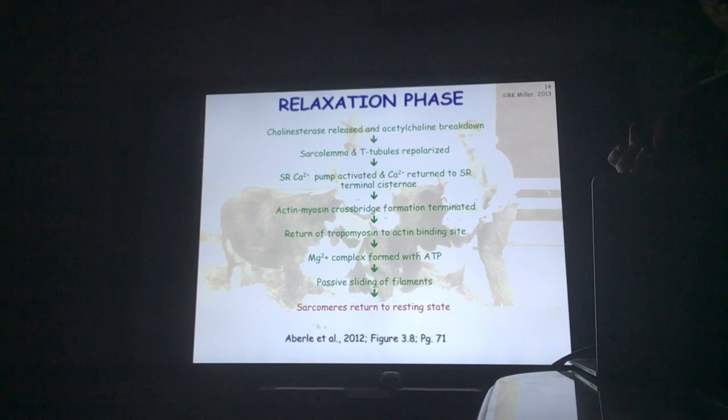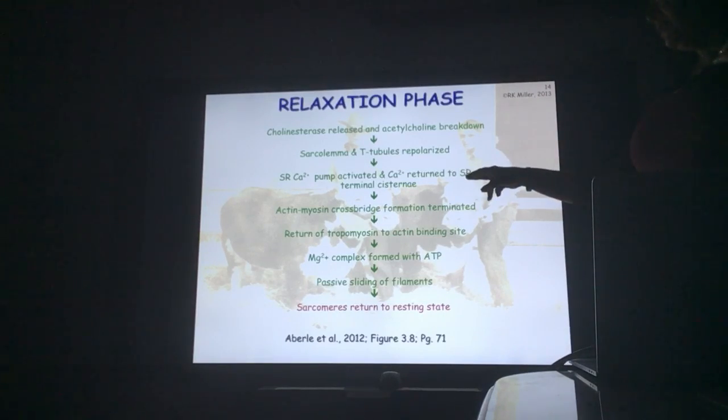It's trying to get the concentration of calcium in the sarcoplasm back to 10 to the minus 7. That's its job. Keep that balance, bring calcium back out. And so release of calcium stimulates the pump, and luckily we close the calcium channel.